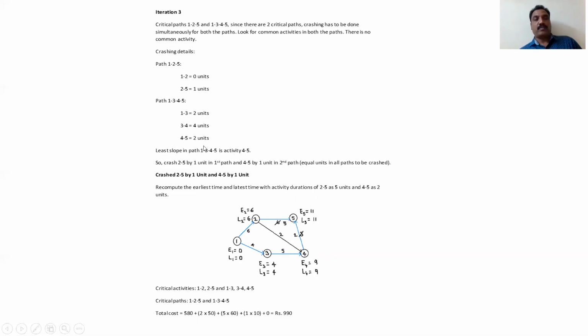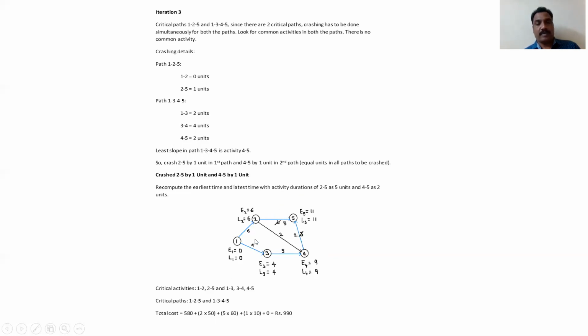For 4 to 5, you can do 2 units. So the least cost slope in this is the 4 to 5 activity. So how many units? The maximum you can do is only 1 unit. So that is 2 to 5 by 1 unit as well as 4 to 5 by 1 unit. These two we have to solve simultaneously.